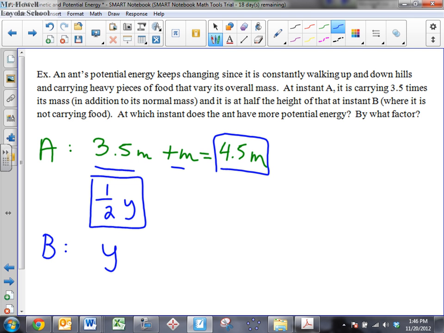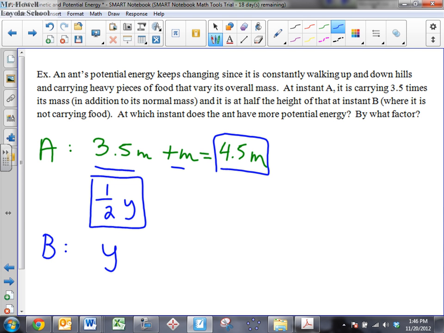So, again, it's carrying 3.5 times its mass in addition to its normal mass, and it's at half the height of that at instant B. So at instant B, we call its height Y, and at instant A it's half that. Now, at instant B, it says it's not carrying food. So what's the mass at instant B?